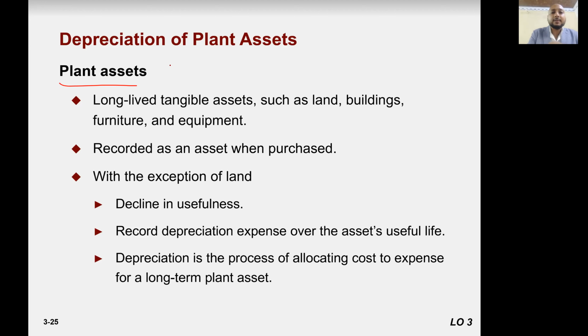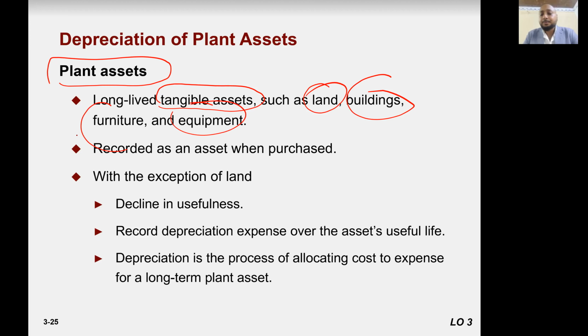So depreciation of plant assets. What are plant assets? They are fixed assets or long-lived assets. Which kind of assets? Tangible, which we can touch and feel, with a physical presence. So land, building, equipment, furniture.